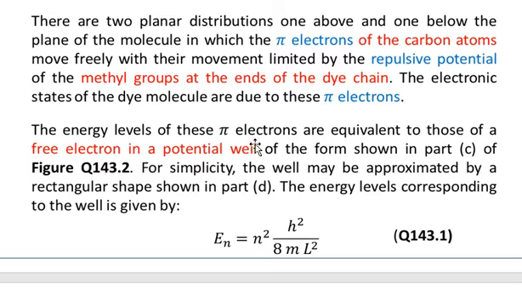The energy levels of these pi electrons are equivalent to those of a free electron in a potential well of the form shown in part C of figure 2, or more accurately in part D. Here we are applying the free electron model of the potential, and the energy of these pi electrons will determine the energy levels of the dye molecule.